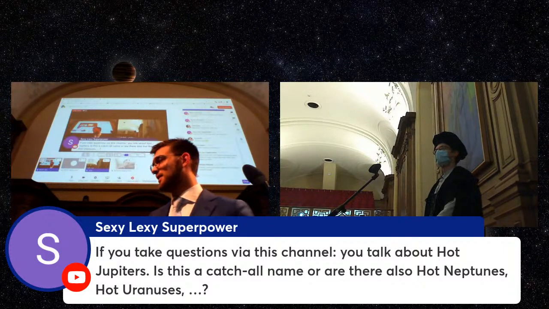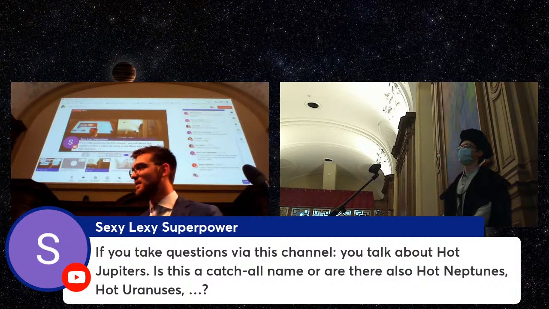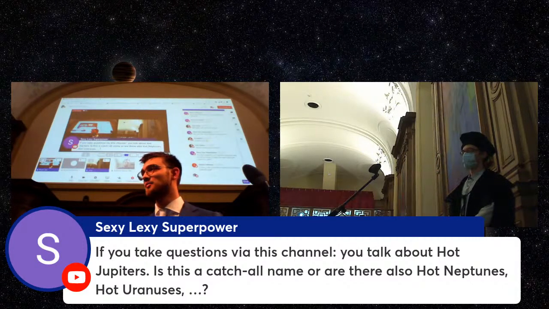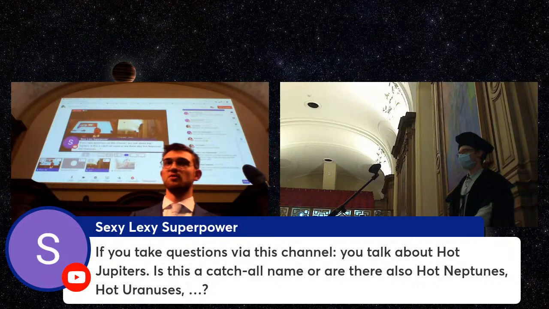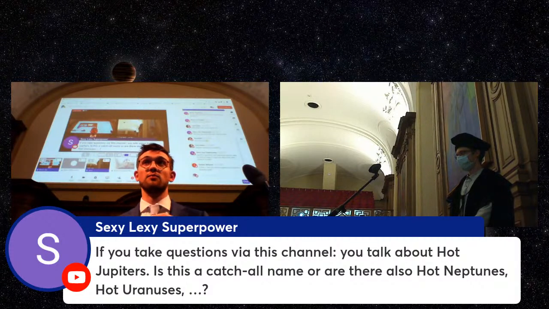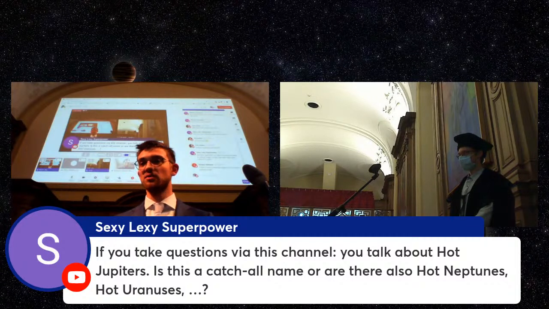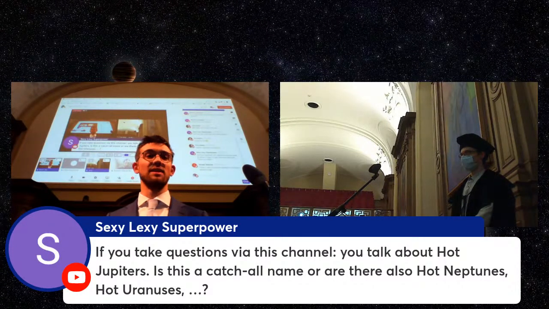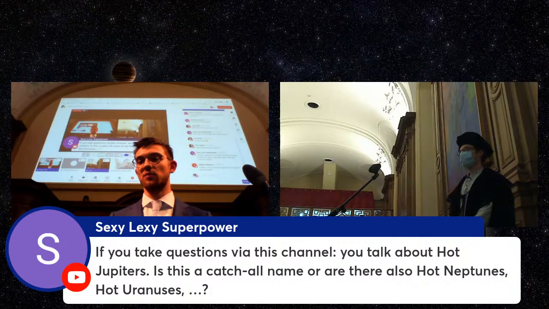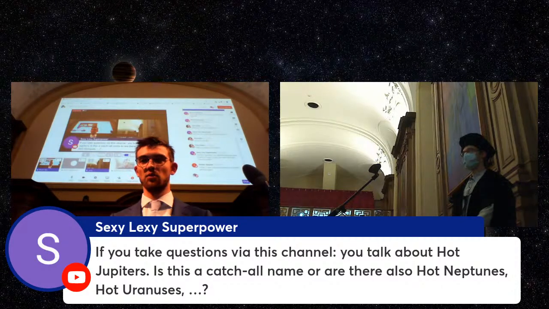For example, I have read in papers about hot Saturns, just a smaller gas giant, but still quite hot. You can also have super Earths or mini Neptunes. They basically act as a large version of Earth or a small version of Neptune. And I've also heard the quite catchy name Neptini for a very small Neptune-like planet. So mostly the hot Jupiters, the super Earths, and the mini Neptunes are quite common, and some other creative alternatives may exist.